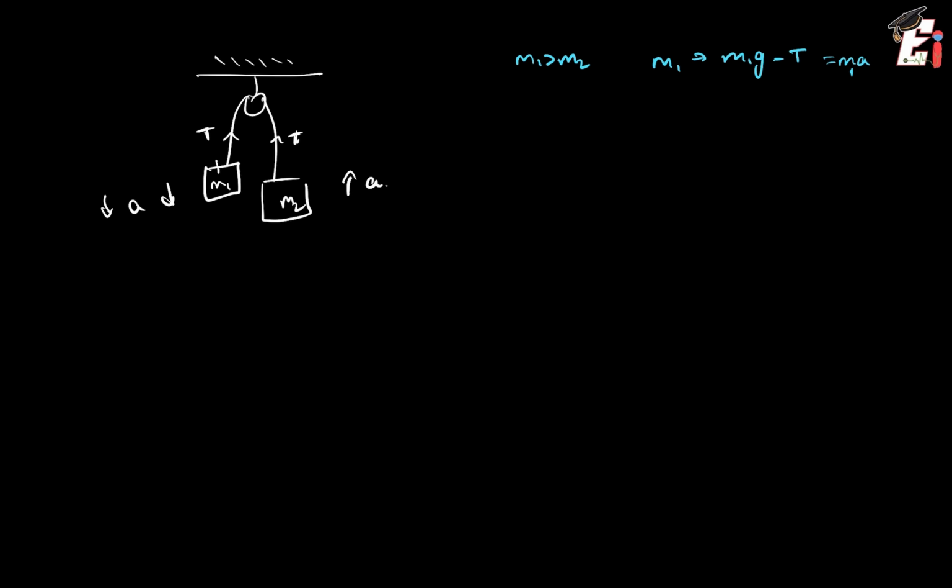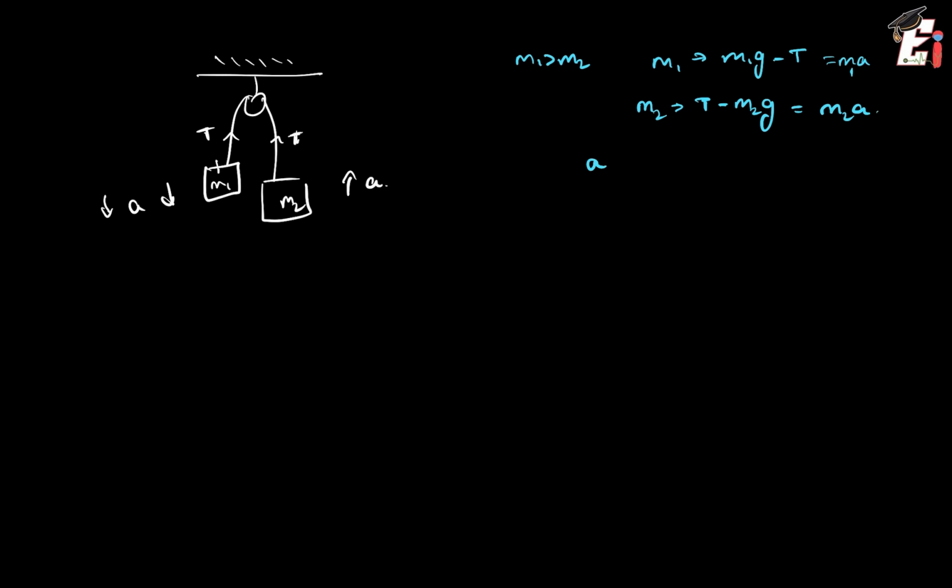Now in the same way, for mass 2, it's going to be T minus m2g, because here tension is more, equal to m2a.